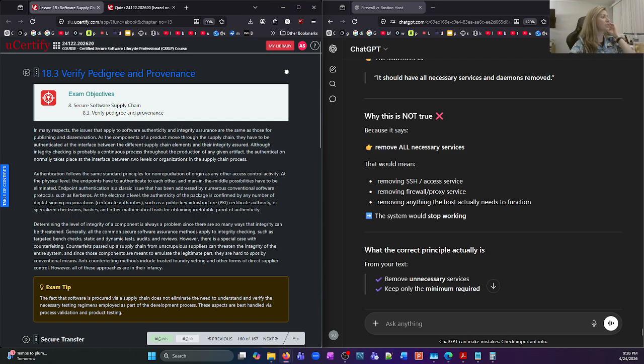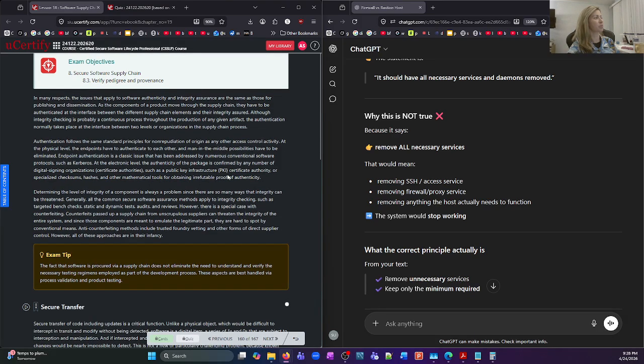As the components of a product move through the supply chain, they have to be authenticated at the interface between the different supply chain elements and their integrity assured. Although integrity checking is probably a continuous process throughout the production of any given artifact, the authentication normally takes place at the interface between two levels or organizations in the supply chain process.